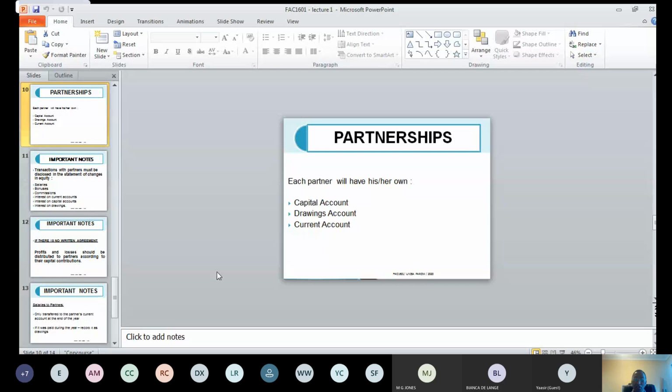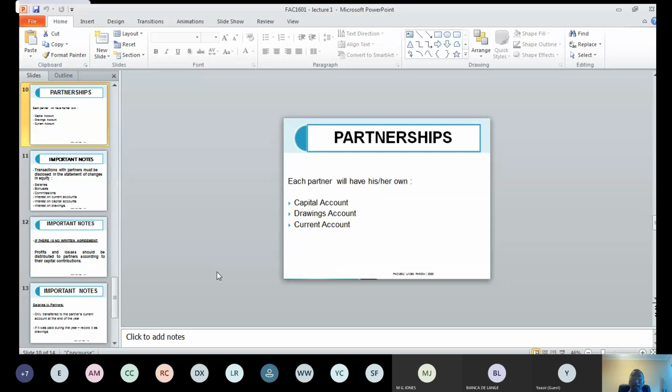As far as the accounts are concerned in a partnership, because we are dealing with more than one owner, each one is called a partner, and each partner will have its own capital account. So there will be a capital account for partner A, a capital account for partner B, a capital account for partner C. Each partner will also have its own drawings account.